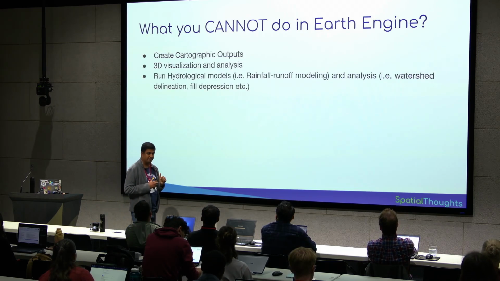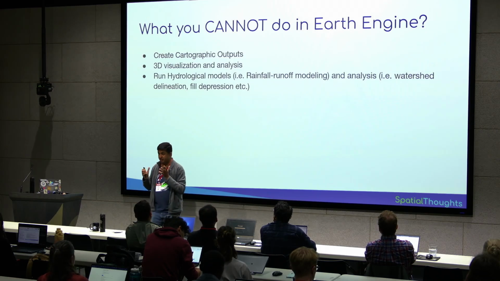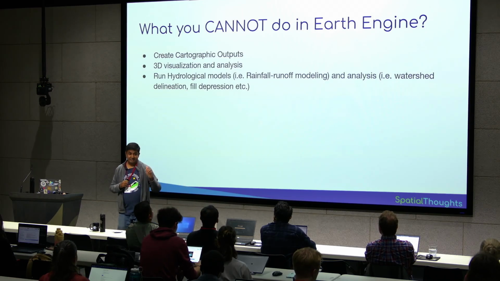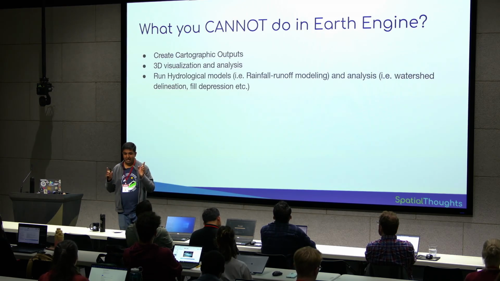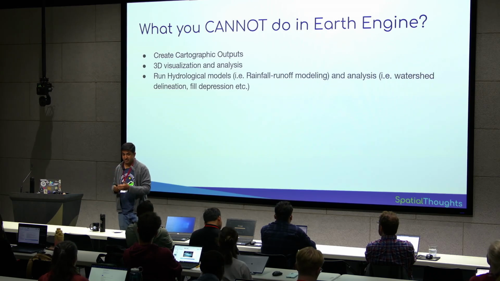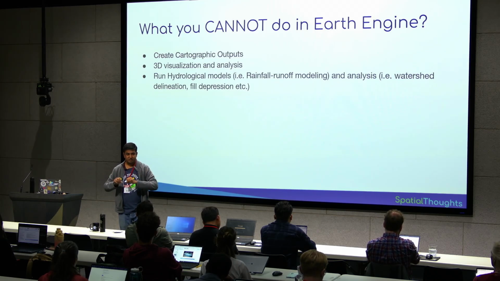A lot of you might be doing some simulations and hydrological models. This is one of those limitations of Earth Engine, because of the way it's designed to be a parallel computing system. You'll learn a lot about how that works in Earth Engine: the power of Earth Engine comes from the fact that it can divide the computation across many different machines.